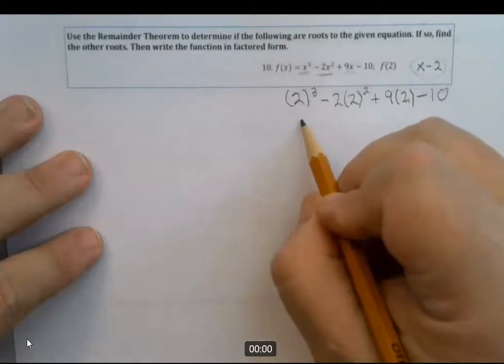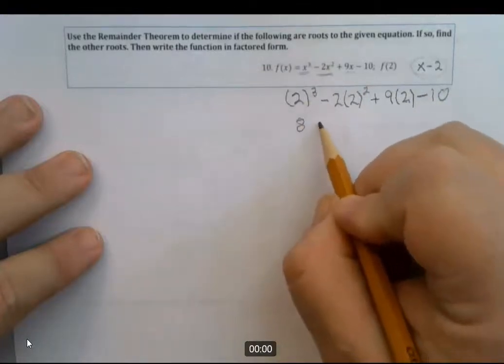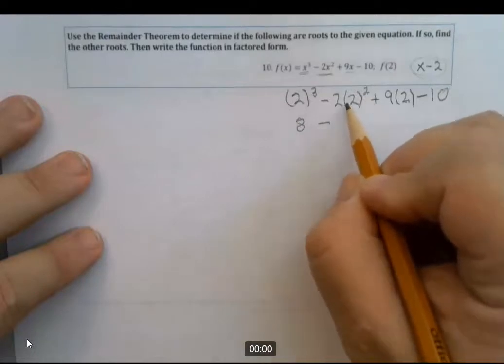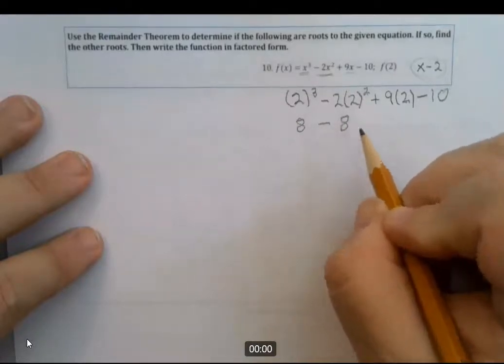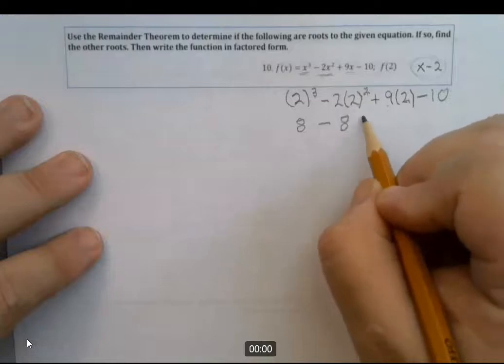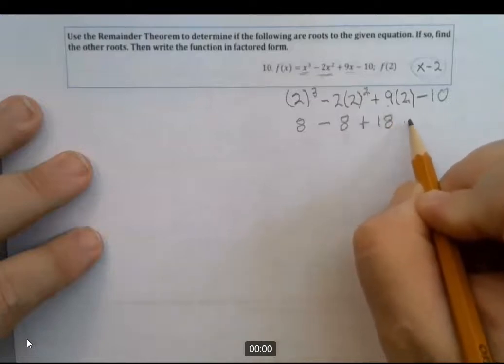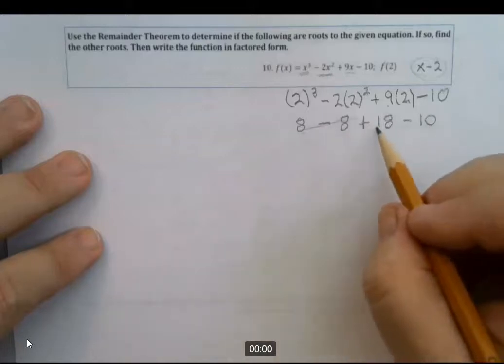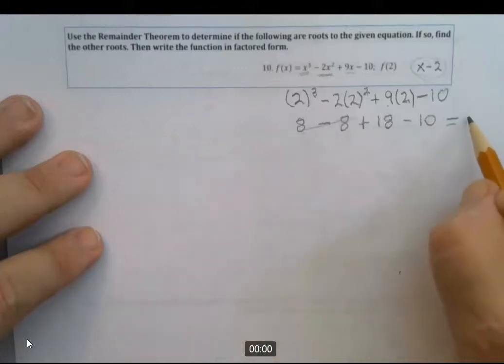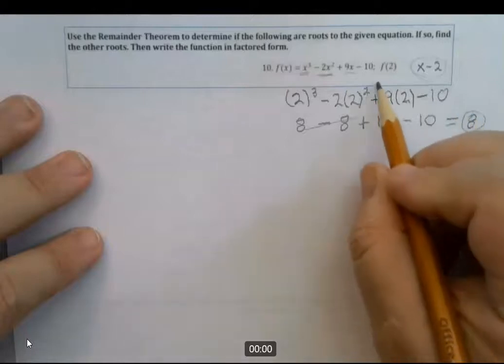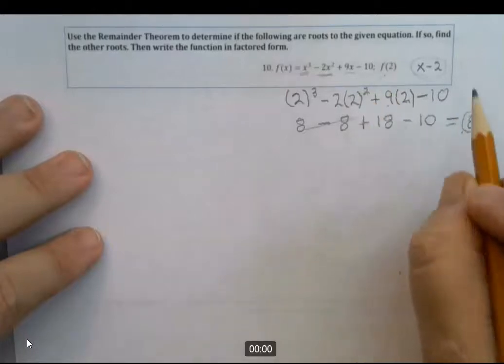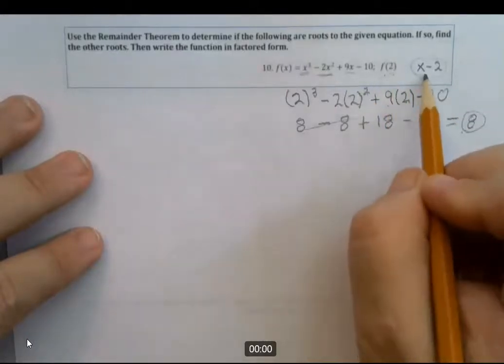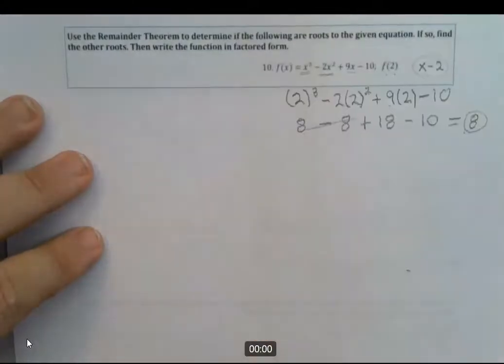So 2 cubed is 8, minus 2 squared is 4 times 2 is 8, so it's 8 again. 9 times 2 is 18, minus 10. So 8 minus 8 just goes to 0, plus 18 minus 10 equals 8. So this does not equal 0. Therefore, that is not a 0, and that is not a root. So there's nothing you can do at that point.